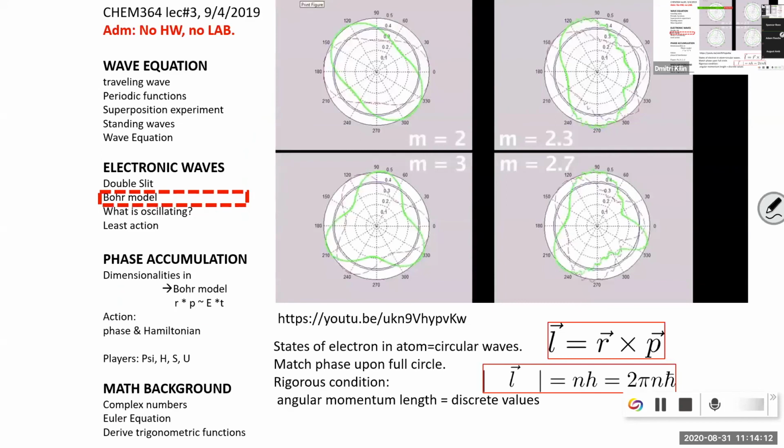And here is another little movie where one is trying to set up a standing wave with an integer number of lobes and nodes, and then one artificially makes it non-integer.